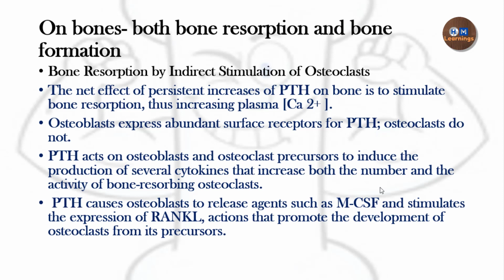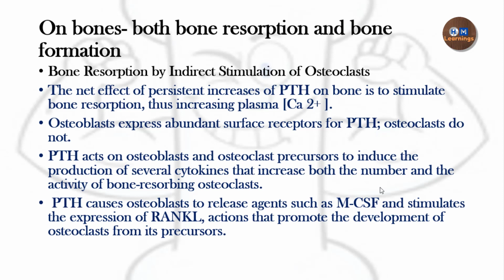But now various studies are also saying that bone formation is also a function of the parathyroid hormone. If we give the parathyroid hormone to a patient in a persistent way, it will cause bone resorption. But if we give it in an intermittent manner, the parathyroid hormone is actually found to be associated with bone synthetic effects also. So what are the mechanisms of this?